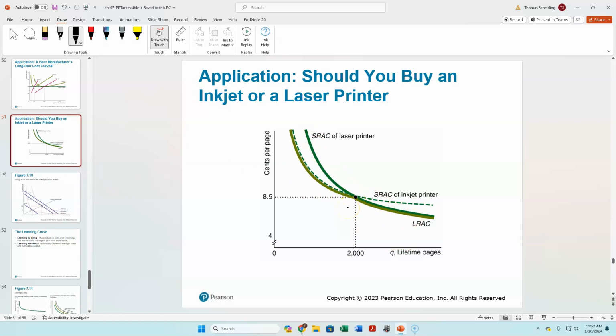If I'm an old person, I might just start Ubering around because I'm not going to be driving as much as I am today. So we could look again at those short-run average cost curves of transportation. Having my own vehicle is a pretty expensive way to drive around, but if you drive around enough, then the amount I pay per mile is going to be less than if I Ubered it all around. That's the kind of idea that's going on here.